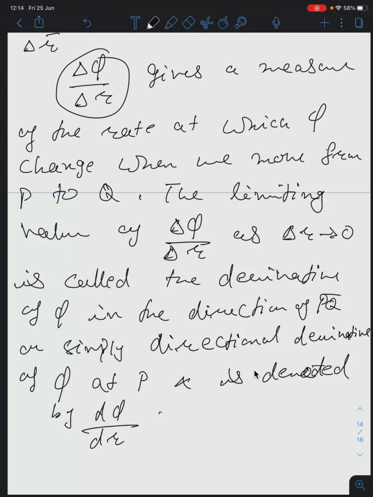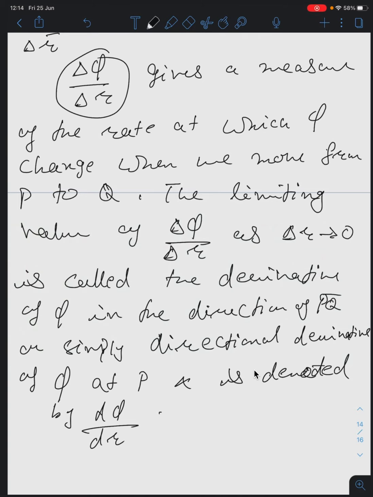The limiting value of del phi by del r as del r tends to 0 is called the derivative of phi in the direction of PQ bar, or simply the directional derivative of this function phi at point P.